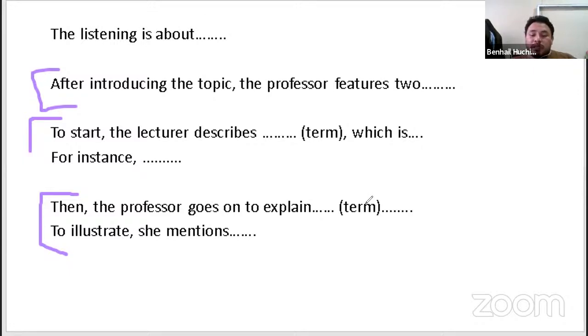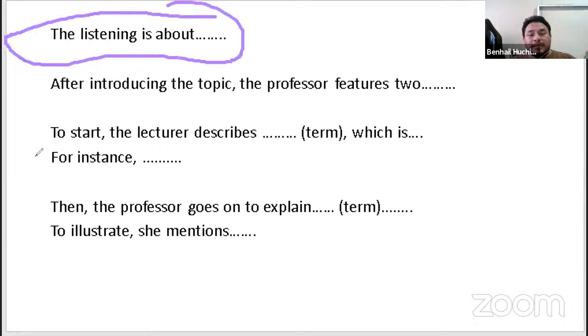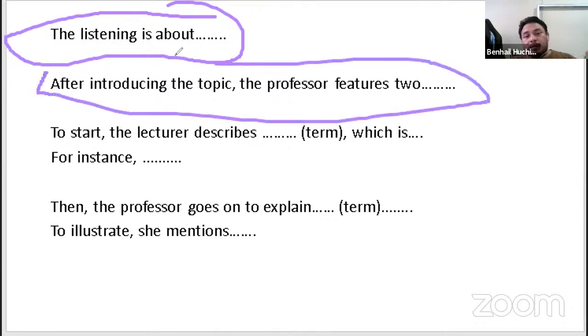To illustrate, he or she mentions these characteristics, these details. And you have organized your ideas like this. As you can see, everything is focused on the examples. You introduce the topic of the lecture, explain a little bit about it, then explain the two main examples.